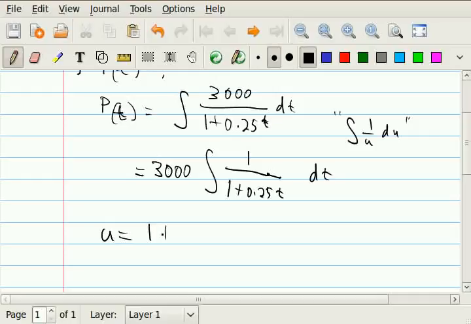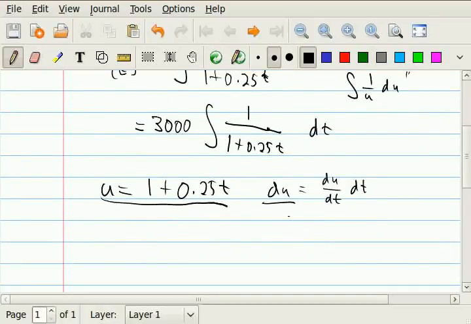So 1 plus 0.25t, that's u. And du in this case, I should say, is going to be the derivative of u with respect to t times dt, instead of du dx times dx, because we're starting with an integral with respect to t.